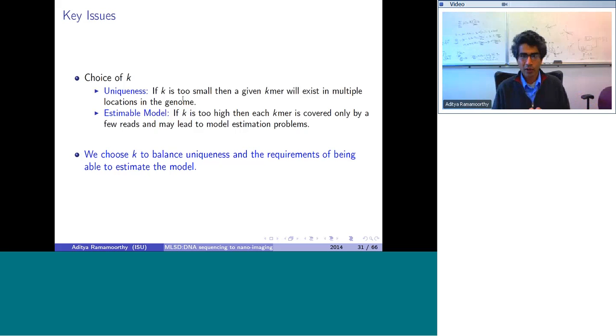The assumption here is that most k-mers come from unique locations. On the other hand, you can't have k too high, because you also want to be able to estimate your model. k can be as long as the read length, but if k is that long, you don't have enough data to model your statistics.